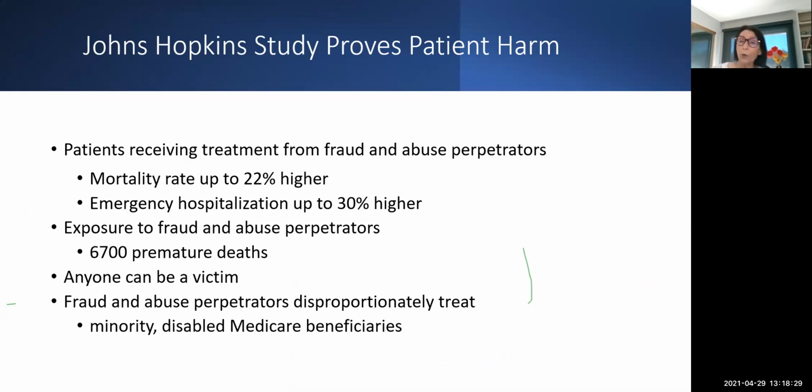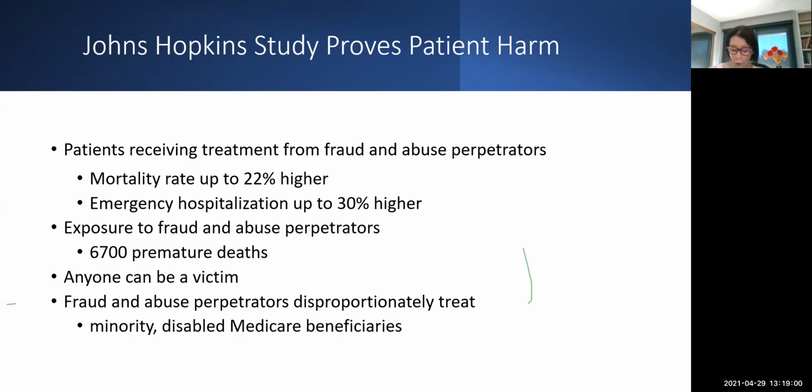This study was done by Johns Hopkins University. It clearly shows that when people go to bad doctors, and bad doctors are doctors who fraudulently bill Medicare, they lie, cheat, and steal, and they put our patient safety at risk.